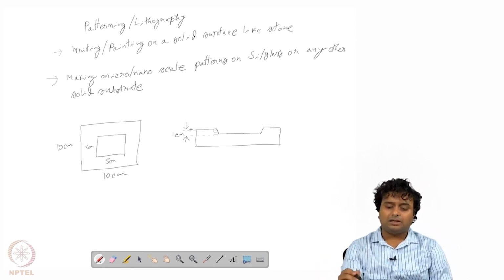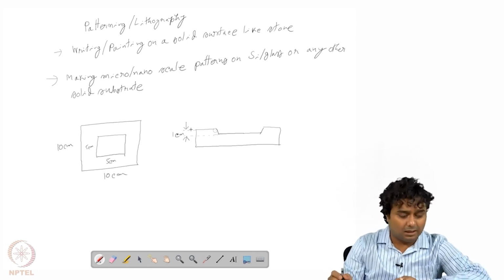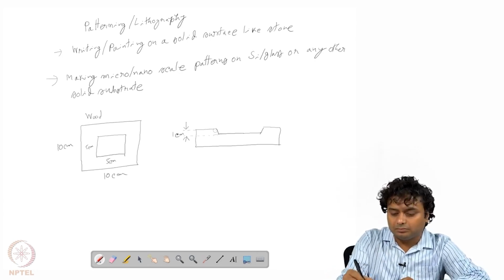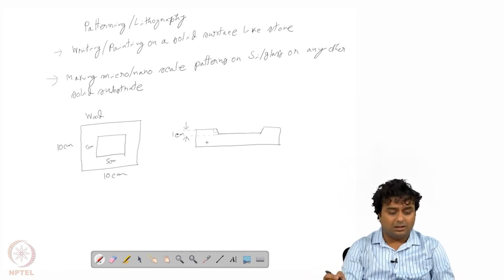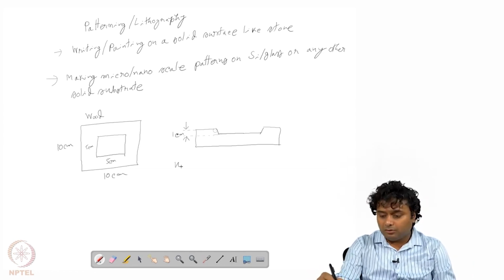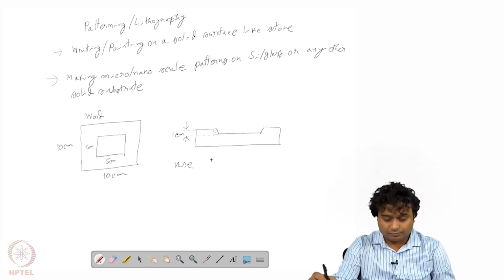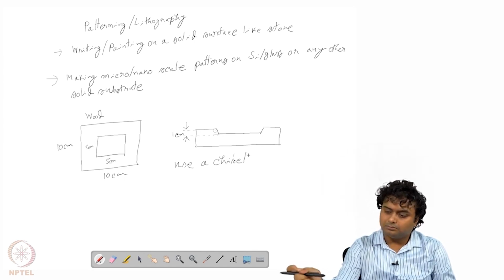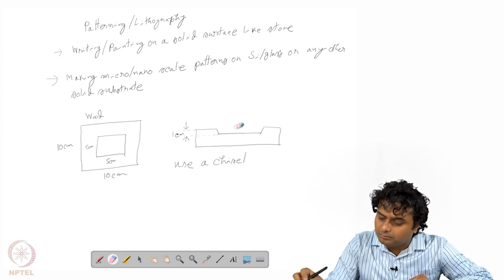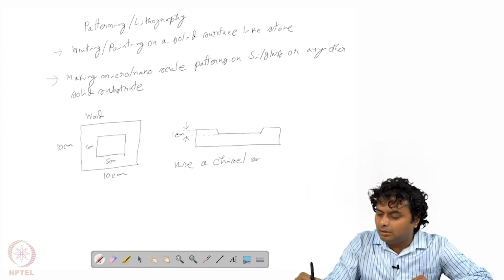So on a 10 centimeter by 10 centimeter wood piece, I would like to make this 5 centimeter by 5 centimeter square hole which has a depth of 1 centimeter. So, how can we do it? We can use a chisel and hammer.